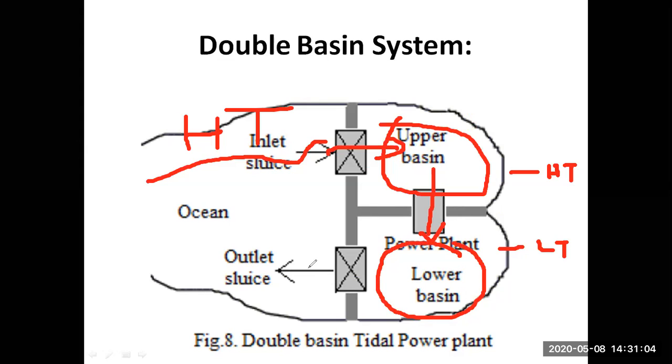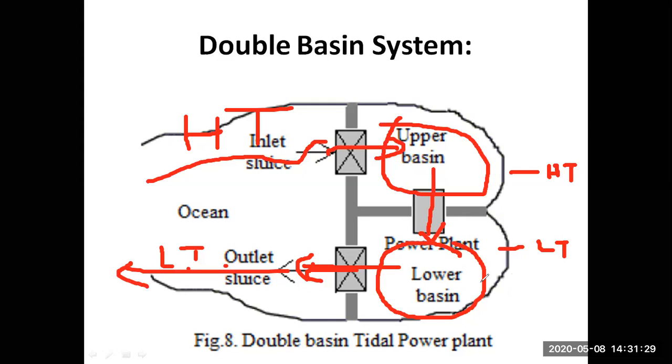In that case, this outlet sluice is opened, and through this outlet sluice the excess water escapes. This happens during the low tides, and the water reverts back to the ocean.